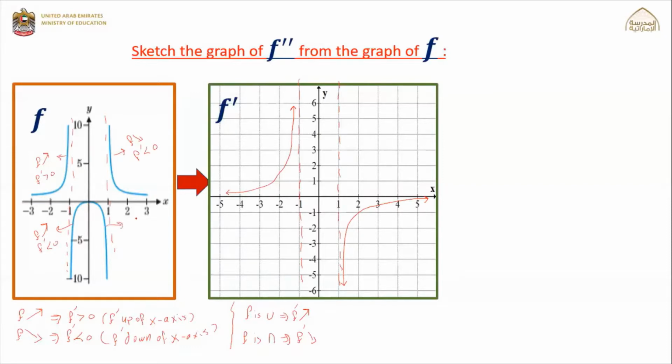In this part from 0 to 1, f is decreasing, so f prime is less than 0. So from minus 1 to 0, f prime will be up of x, and from 0 to 1, f prime will be down of x, with two vertical asymptotes at x equals minus 1 and x equals 1. So I think it comes like this.